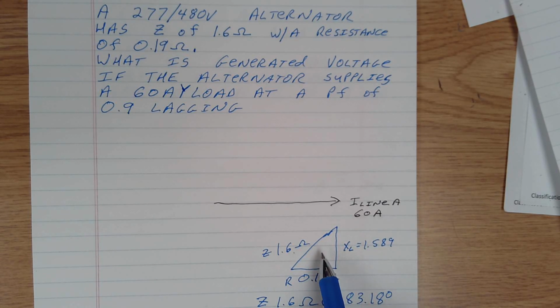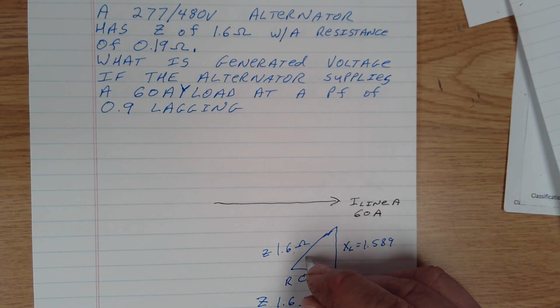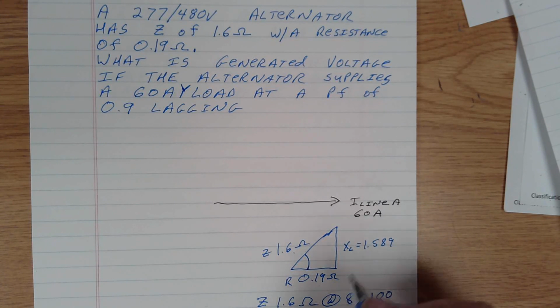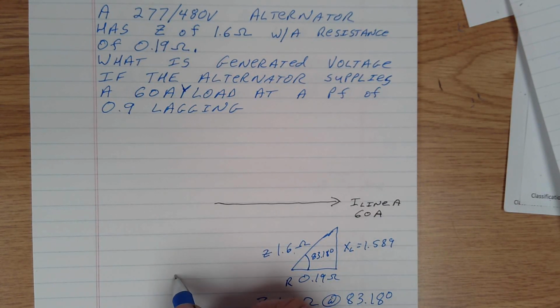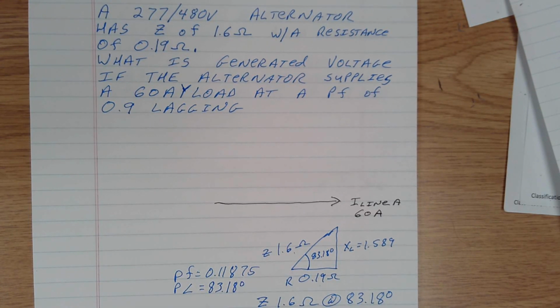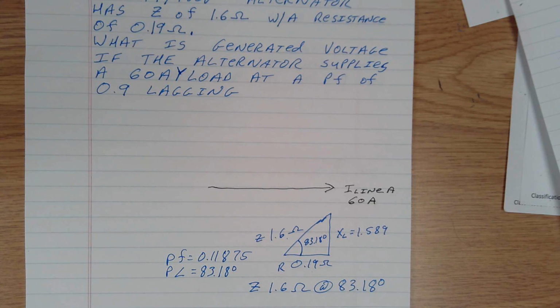We take the second function cosine of that, and that tells us this value is 83.18 degrees, right? So our power factor equals 0.11875. Power angle is 83.18 degrees. Okay?